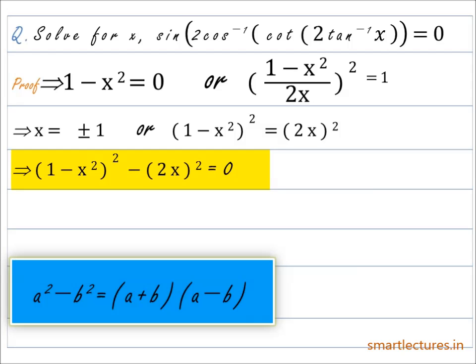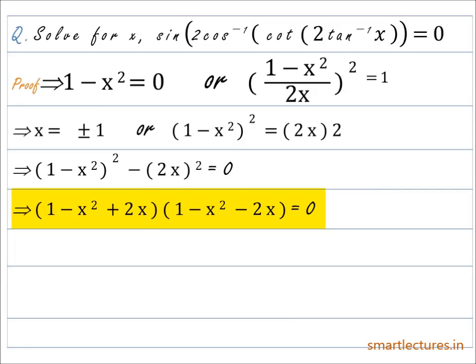So that means 1 minus x square whole squared minus 2x whole square can be also written as 1 minus x square plus 2x into 1 minus x square minus 2x is equal to 0. Now the product of these two will be equal to 0 only if 1 minus x square plus 2x is equal to 0 or 1 minus x square minus 2x is equal to 0.